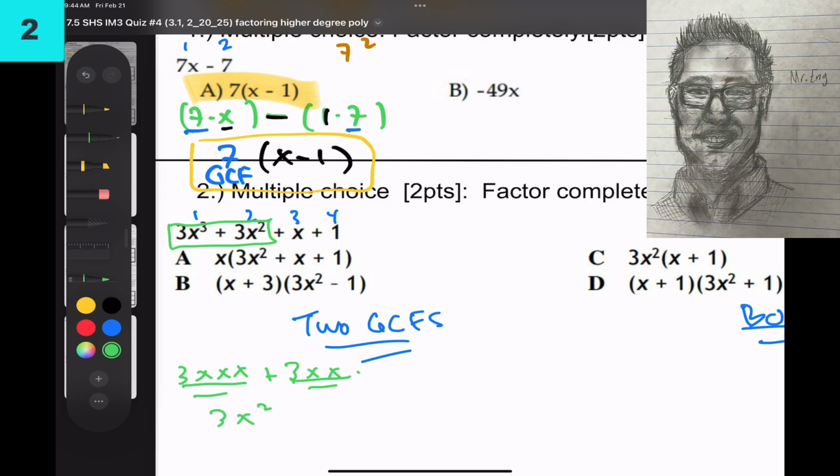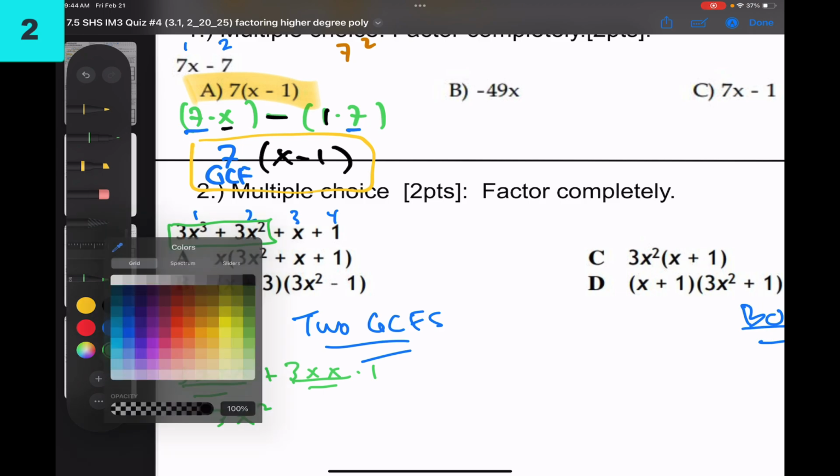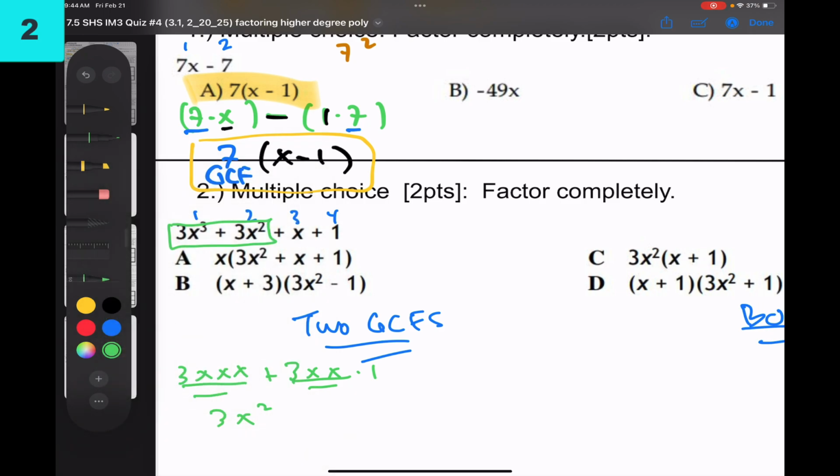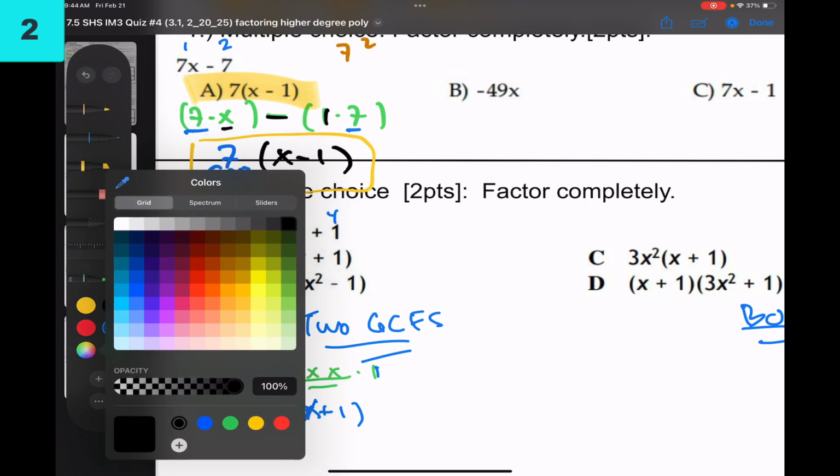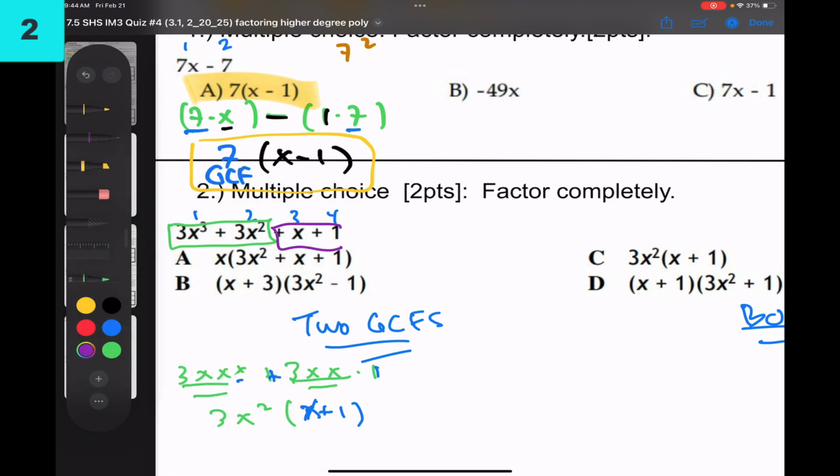Okay, now if everything disappears, you still have a plus 1. So that would be left with x plus 1 there, x plus 1. Okay, on the other side, I have x plus 1.